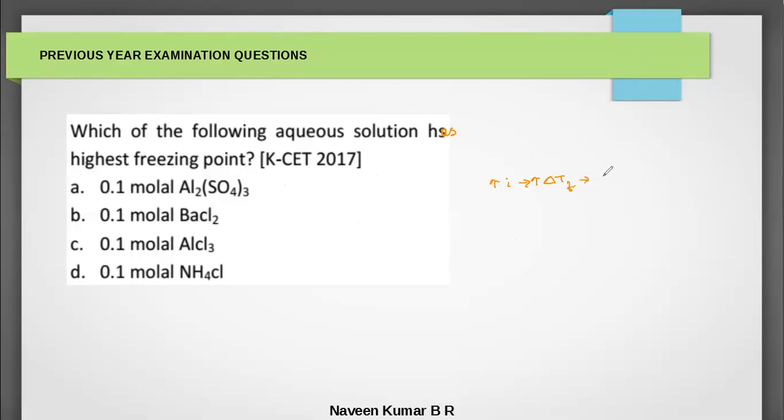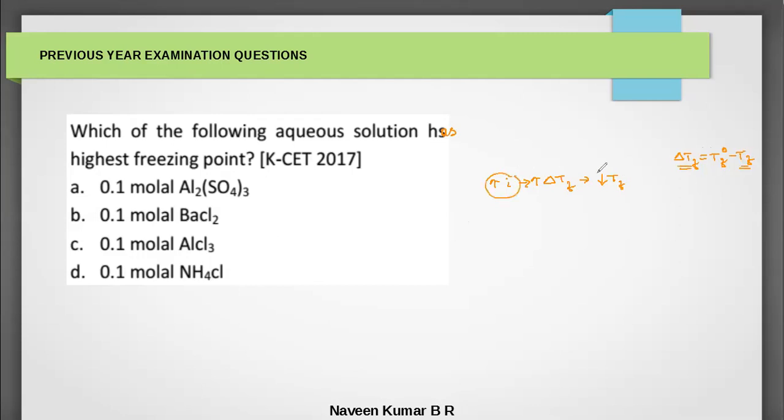But if you consider the freezing point of the solution, the higher the delta TF, the lower will be the freezing point, because the definition of delta TF is TF naught minus TF. Hence the higher the delta TF, the lower will be TF.